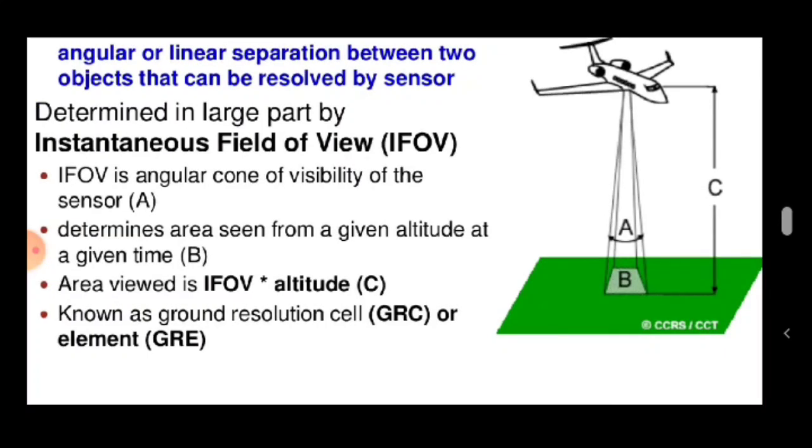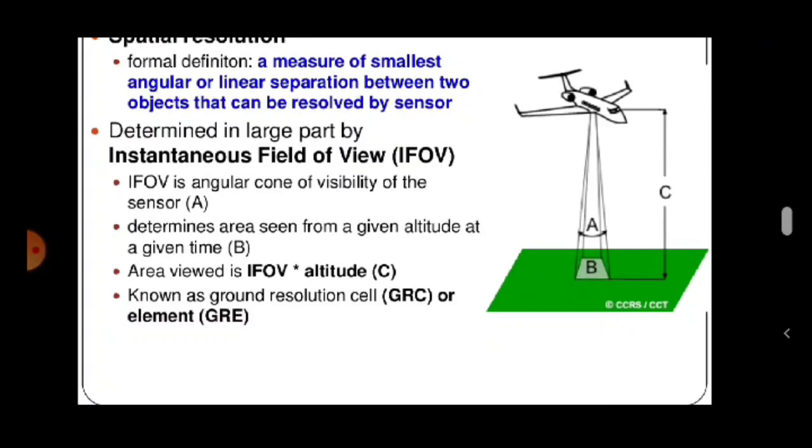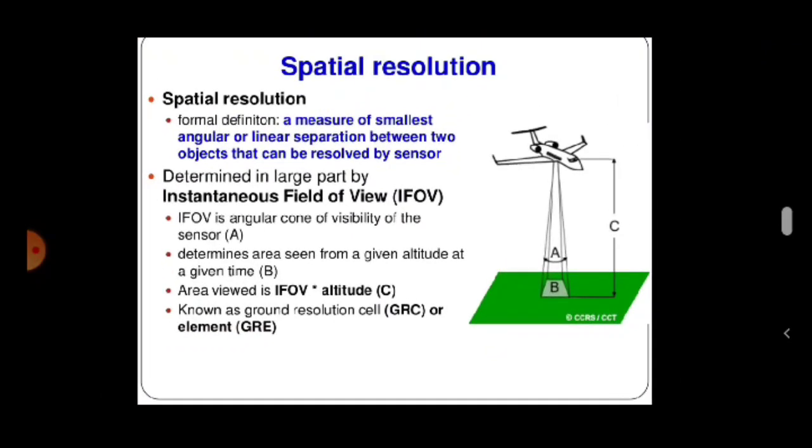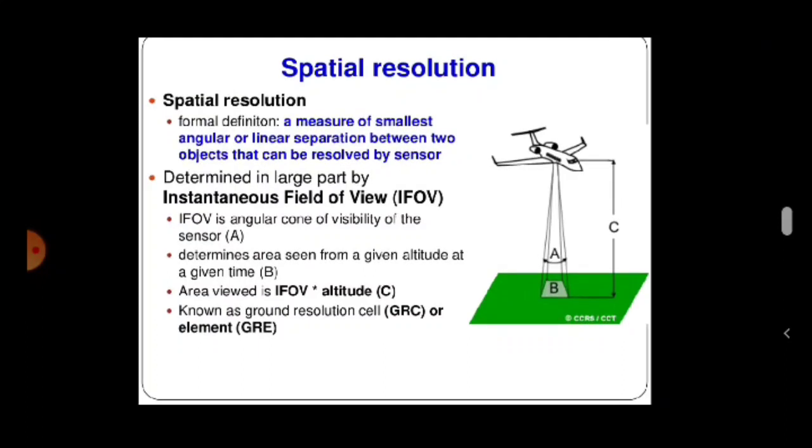In other words, it is found from the height of the platform multiplied by IFOV. You can take a screenshot of the formal definition of spatial resolution and how this equation is built up.